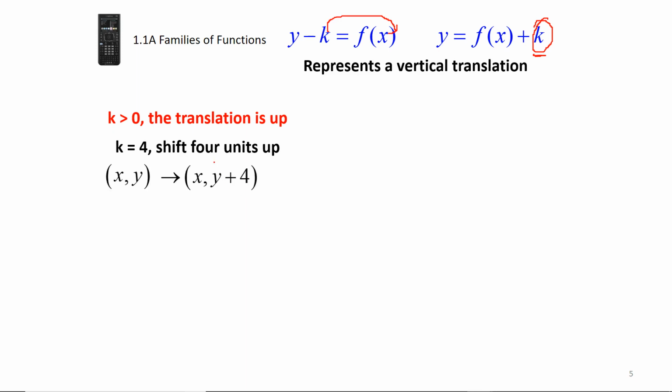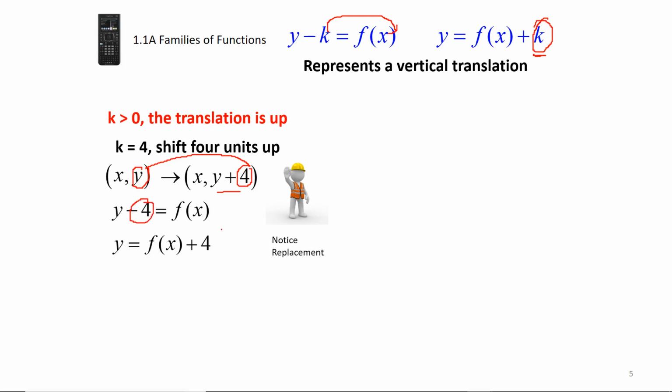So (x, y) becomes (x, y plus 4), shifting 4 units up. That means y minus 4 equal to f(x). Please understand how we replace: y equal to f(x) plus 4, we transferred this here. So y minus k equal to f(x) shifts this graph k units up.